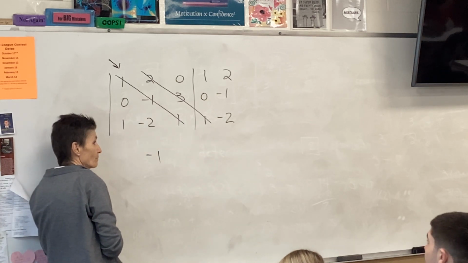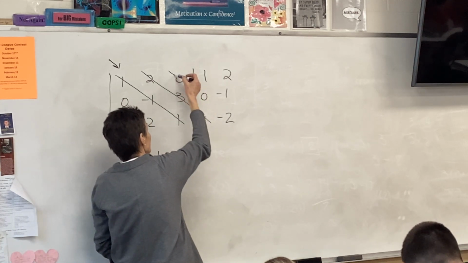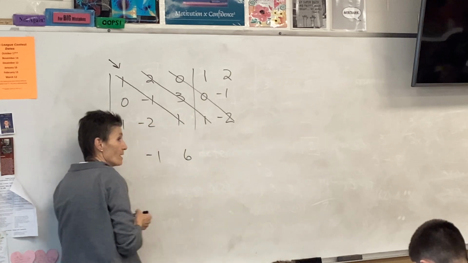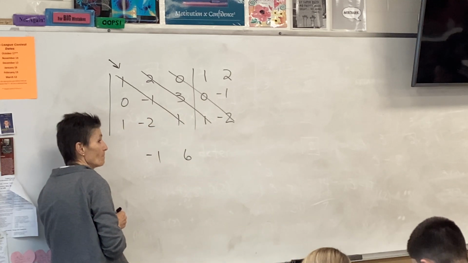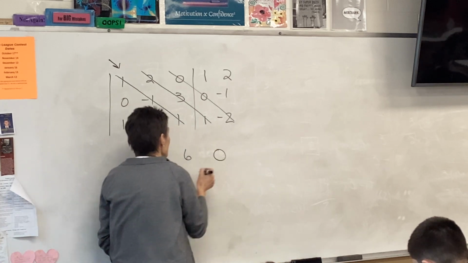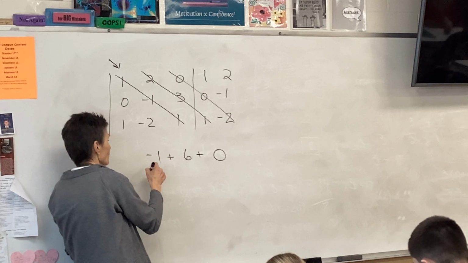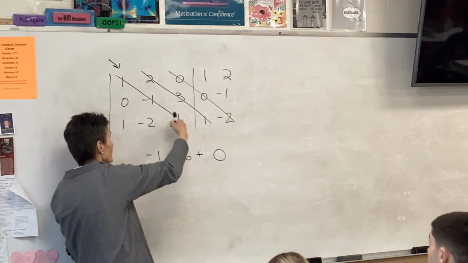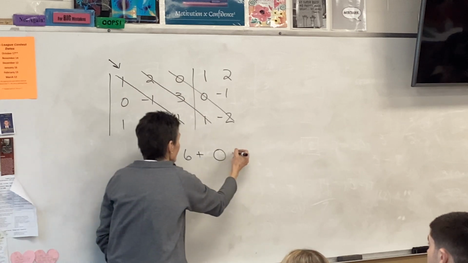What is it? 6. And finally, I'm going to multiply these three numbers together. What is it? 0. Now, find the grand total of all that. So the grand total of -1, 6, and 0 is 5.